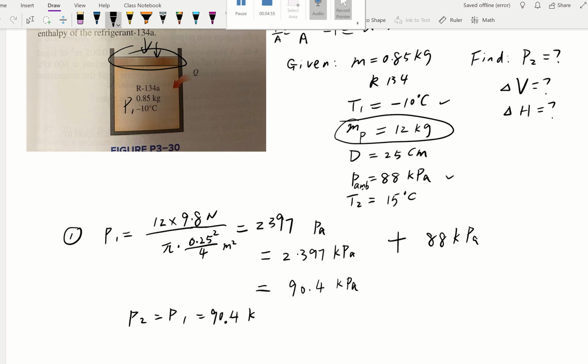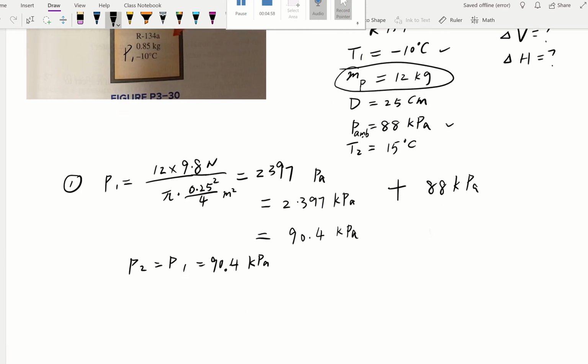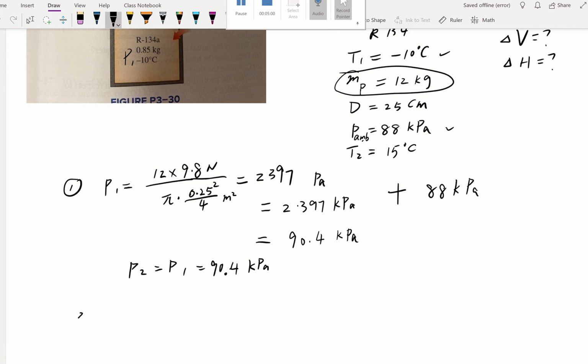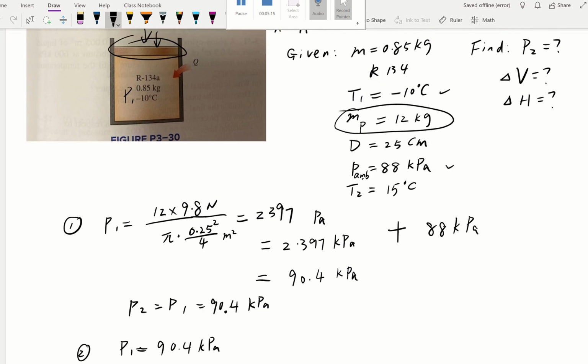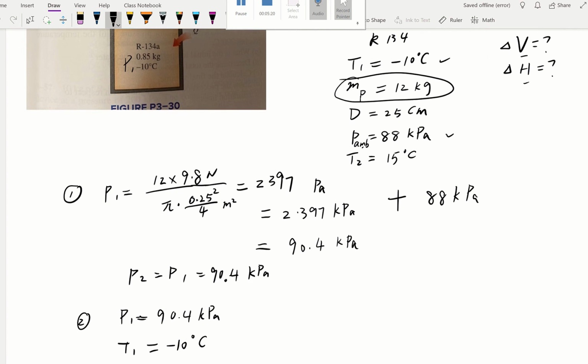All right, now let's move on to look at our state 1. In state 1, we know P1, which is 90.4, and we also know T1, which is given as negative 10 degrees Celsius. Then what do we need to find? We need V and H, because we are asked to find the change in those two, so we need to find V1 and H1.